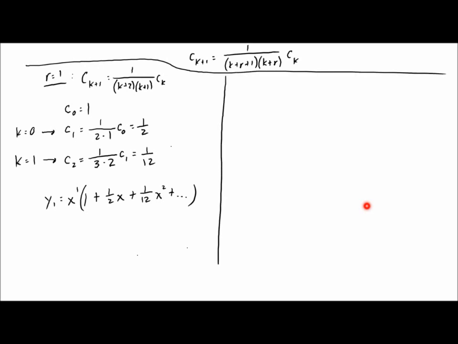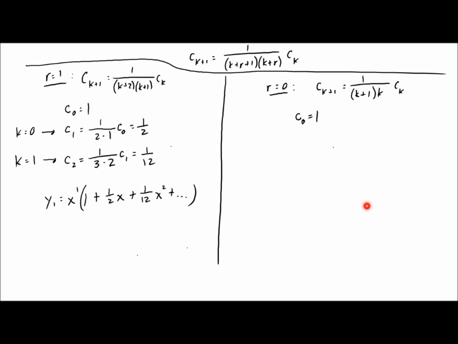For my second solution, we're going to use r equals 0. My relationship here becomes c_{k+1} equals 1 over (k + 1) times k times c_k. Now, here's what's going to happen. Let's say I start with c0 equals 1 like I've been doing.